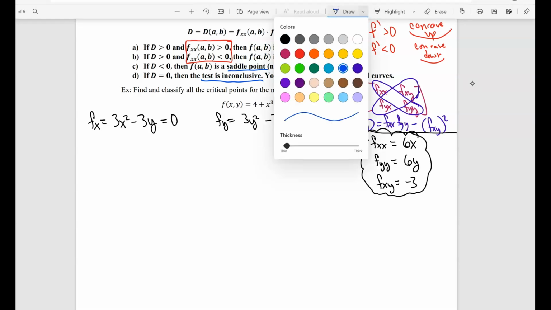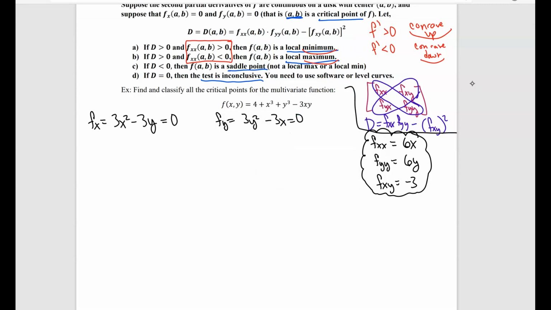Now let's go ahead and solve the system of equations. I'm going to add the 3y over, so you have 3x squared equals 3y. Divide by 3, y equals x squared. You notice we have two equations, so we plug one into the other using substitution.